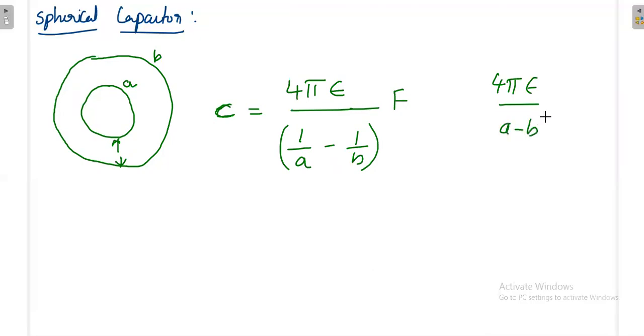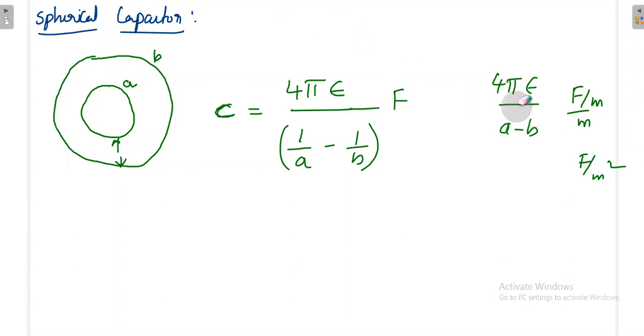This is very much wrong, because then it would become farad per meter, and with the meter, finally the capacitor unit would come as farad per meter square. That is very much wrong, so you should correct it. That's not A minus B. That is 1 by A minus 1 by B. This is a simple idea I'm giving you to remember this formula, if you make a mistake in future.